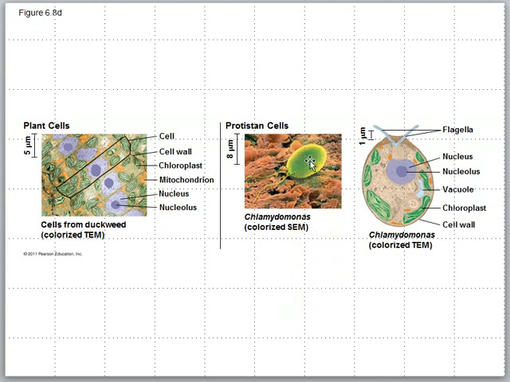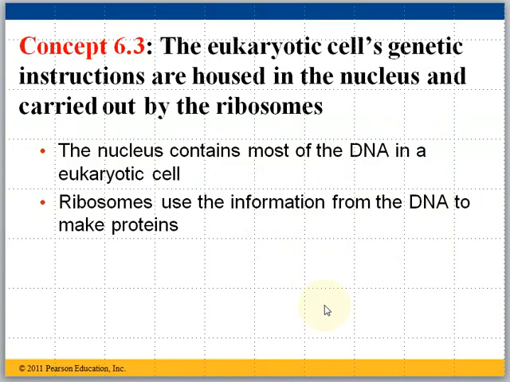But here's a little protist, a very cool colorized SEM. And then here's a colorized TEM of that same protist showing the chloroplast, cell walls. Kind of makes it more like a plant. There are plant-like protists, and then there are animal-like protists. This one happens to be more plant-like.